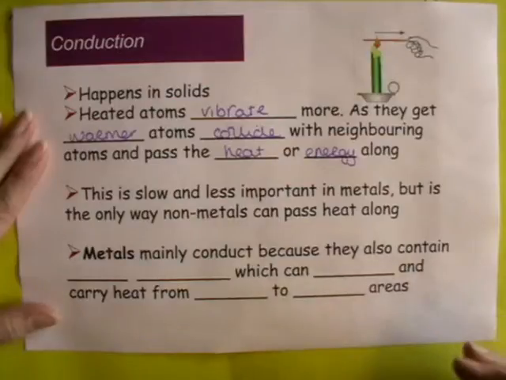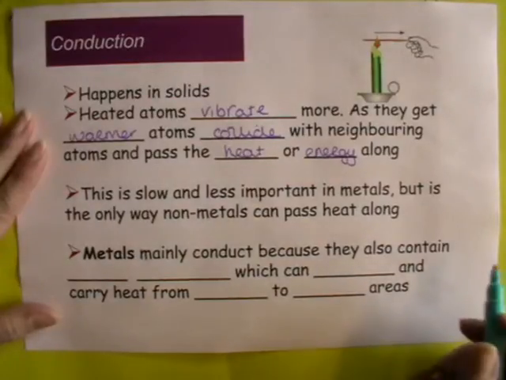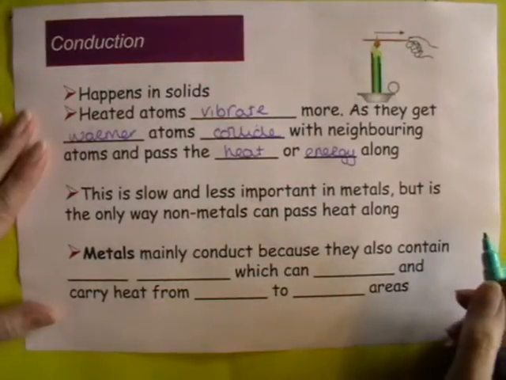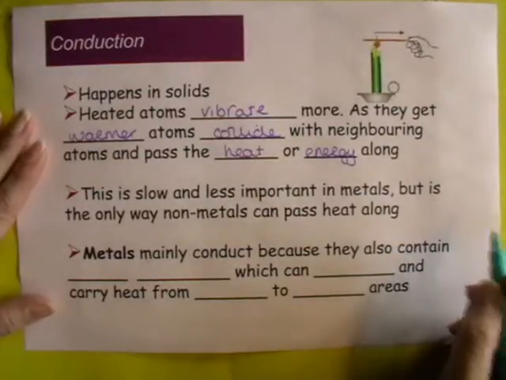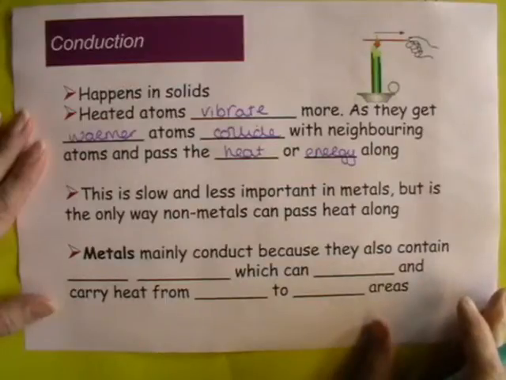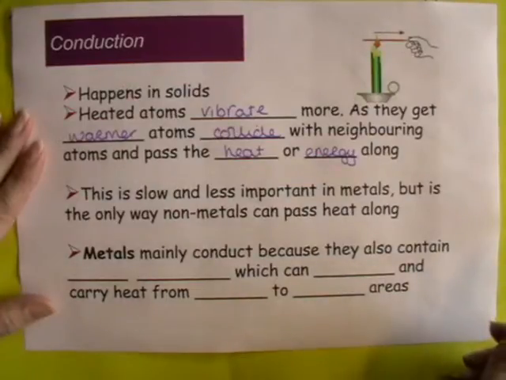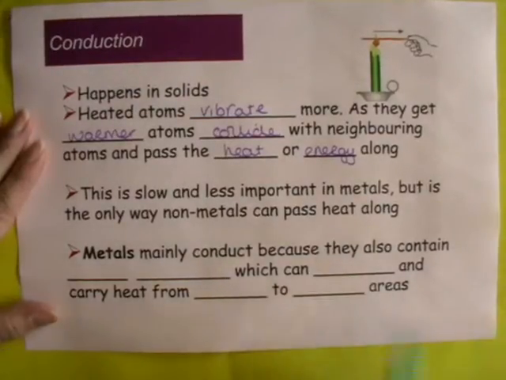This is a slow process. It's less important in metals, a reason we will discuss in a second, but this is the only way that non-metals can pass heat along. So examples of non-metals are your polymers, wood, plastic and so on. This is the only way they can transfer heat, by this vibration of atoms colliding with neighbouring atoms.